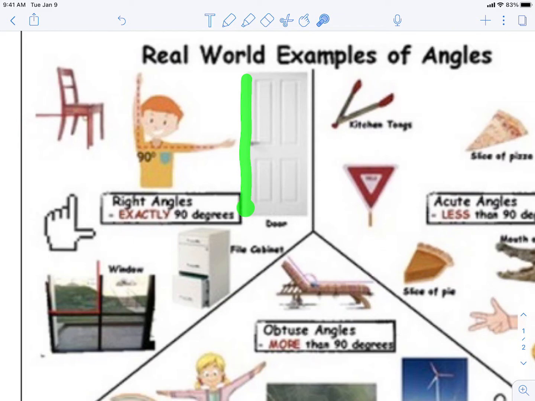The bottom and the side is a right angle, and the top down to the bottom is a right angle as well. When you call somebody a loser with your hands, it's a right angle. Windows are right angles. File cabinets are right angles. Many examples of right angles in the world.